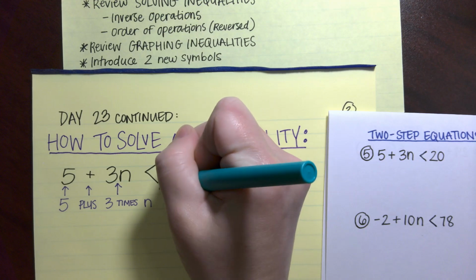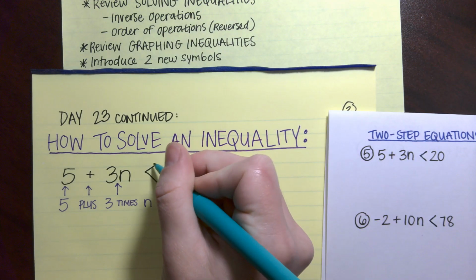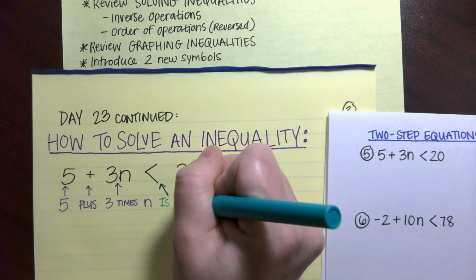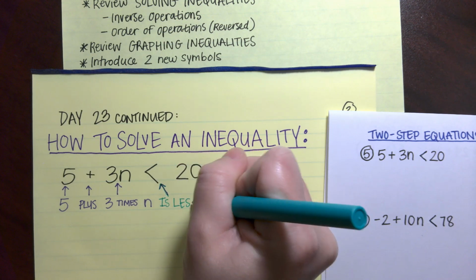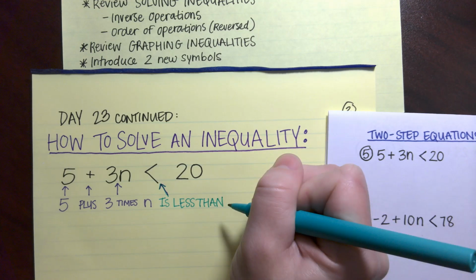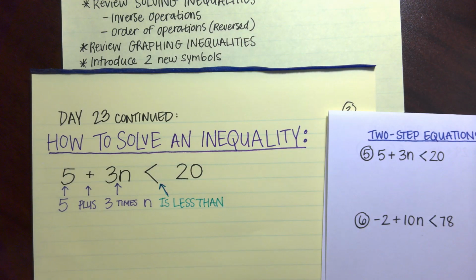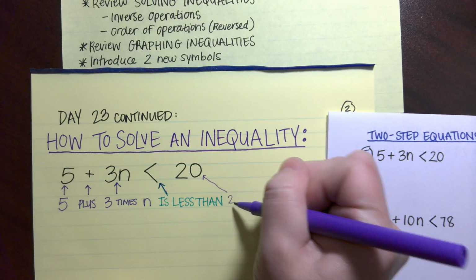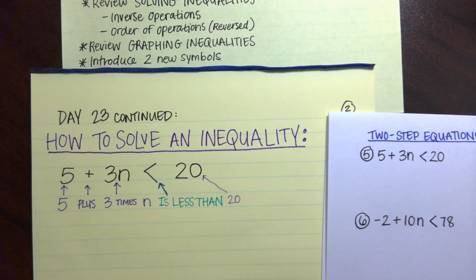We're going to say this symbol is less than. So 5 plus 3 times n is less than 20.